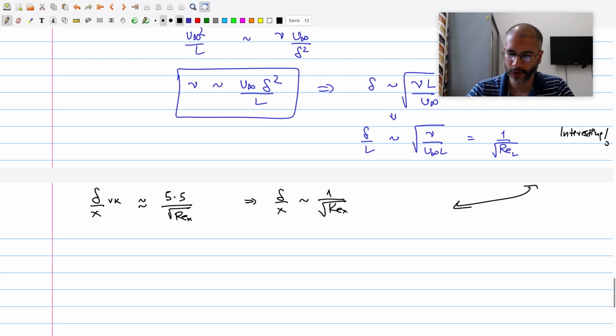We have simply shown, using a very basic idea of order of magnitude analysis, that delta by L goes as 1 by square root Reynolds number. It's a very strong idea. We are learning it here, applying it to the development of boundary layer equations, but it can give us something more than that. It can tell us how certain quantities vary in comparison with other quantities.